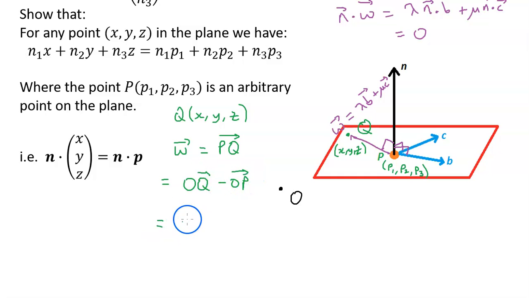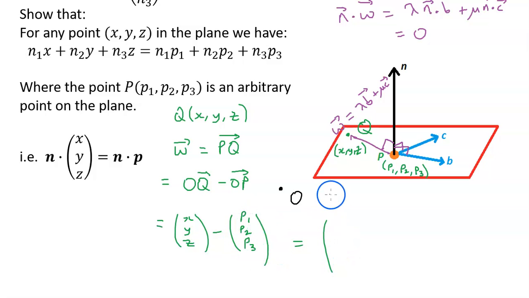In vector form, OQ is x, y, z, and OP is p1, p2, p3.